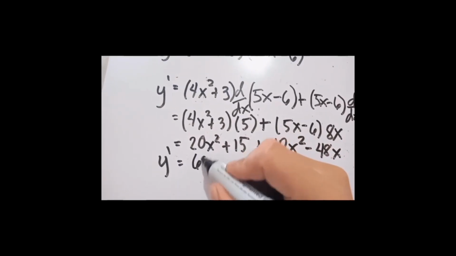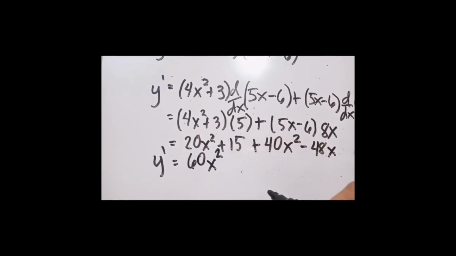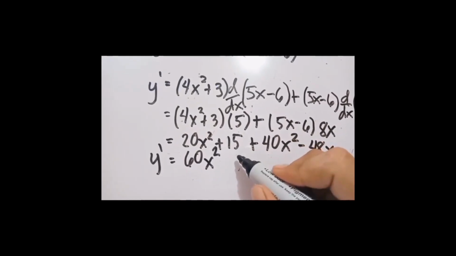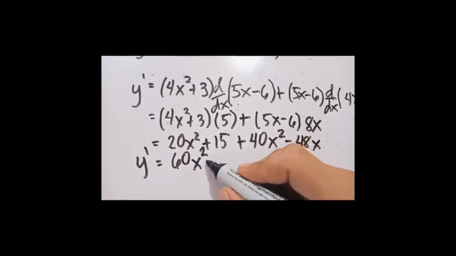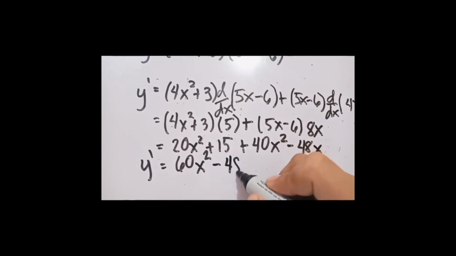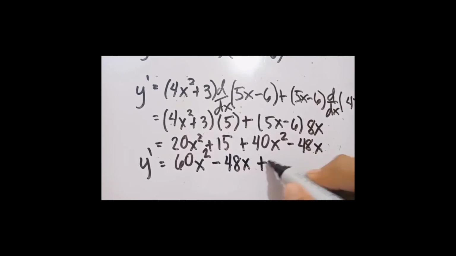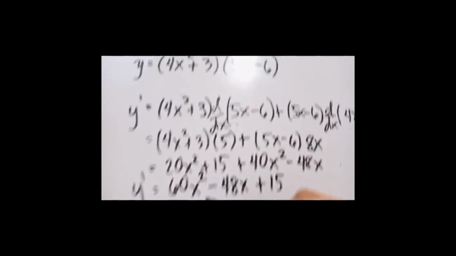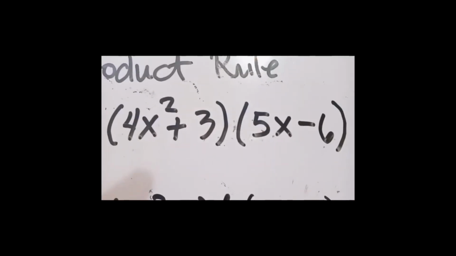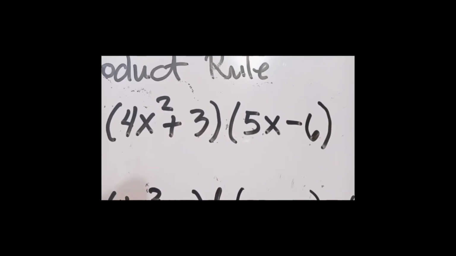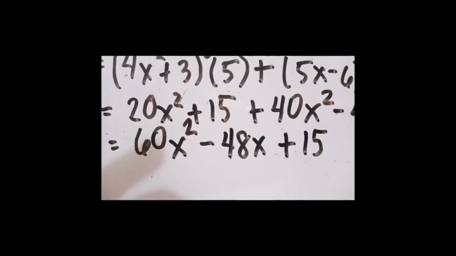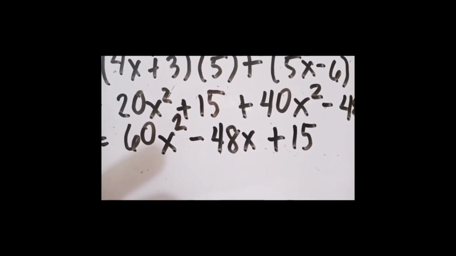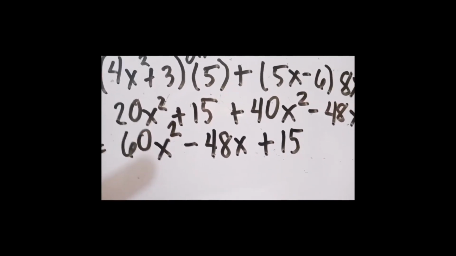We have 60x squared. 15. Oh, and 48 is not a similar term. We just rewrite 48x plus 15. The derivatives of 4x squared plus 3 multiplied by 5x minus 6 is 60x squared minus 48x plus 15. O, tumama ba kayo?